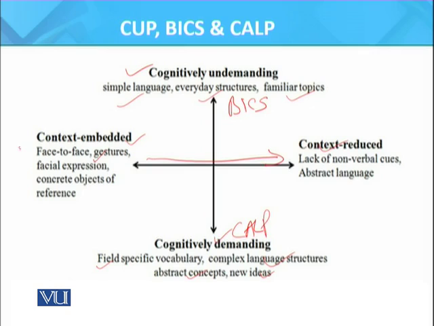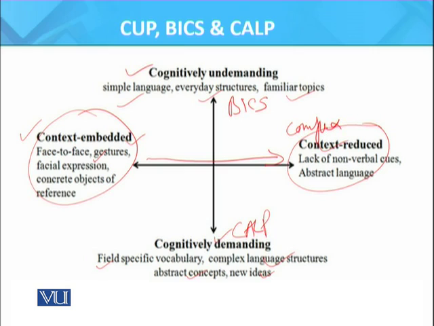So here you have a simpler version of communication leading to a more complex version in terms of academic language proficiency. Here you have a context embedded situation where your interaction and communication is supported by all the social factors, and here you do not find that social support in the form of facial expressions, gestures, nonverbal cues, or clues.